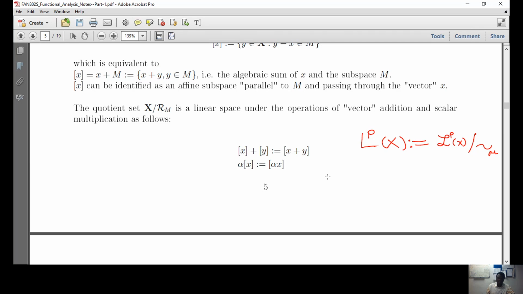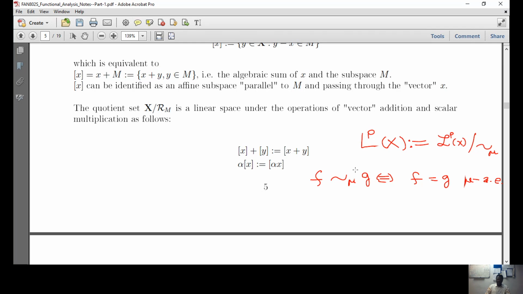And this relation: f is in relation with g if and only if f is equal to g mu-almost everywhere. So that was our relation.